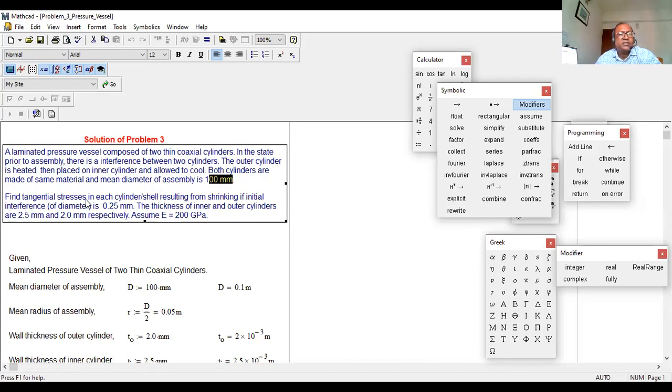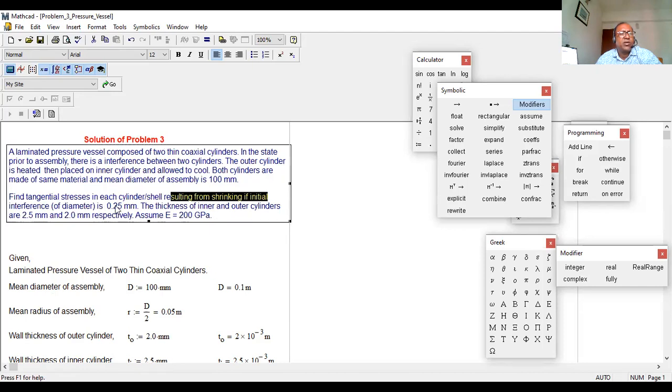Find the tangential stress in each cylinder or shell resulting from the shrinking of the initial interference of diameter 0.25 millimeter. It's very little, right? Even you cannot feel it with your eye, right?